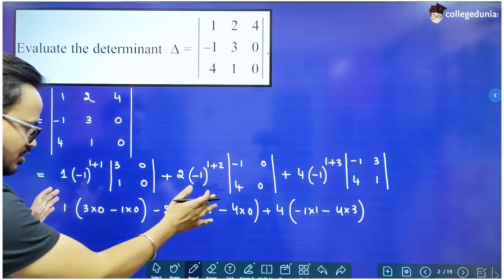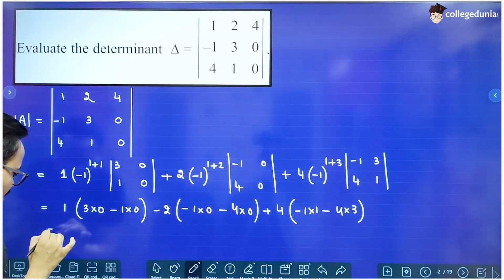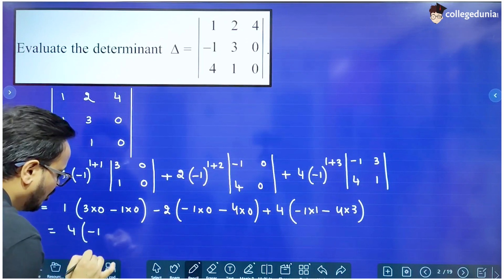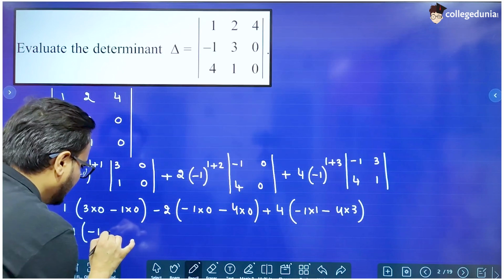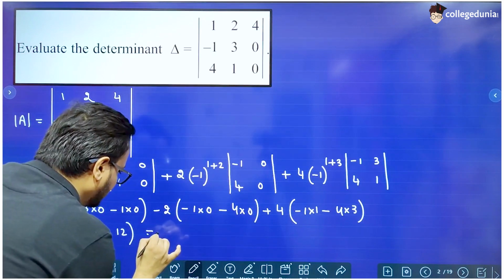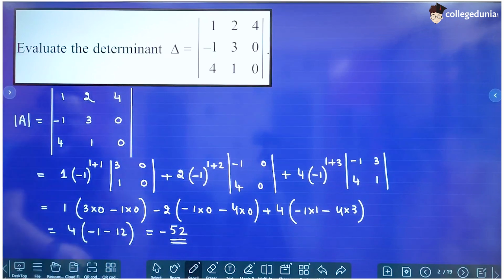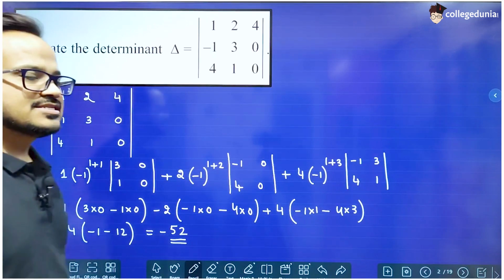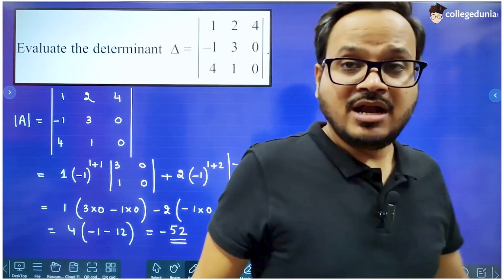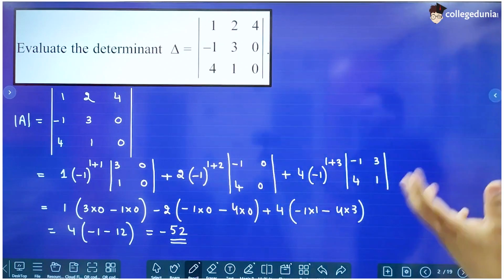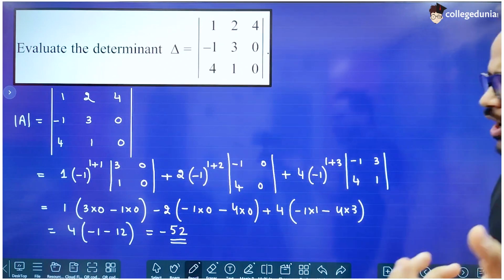So this becomes 0, this is 0, so this is 4 into minus 13, which is minus 52. Right? So this is how you can expand the determinant using any row or any column.